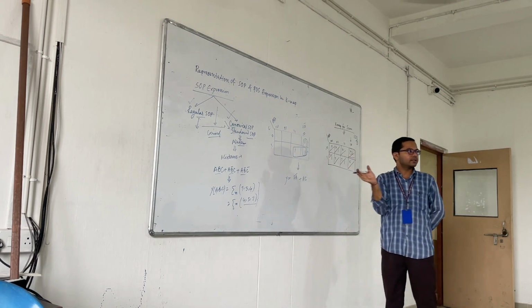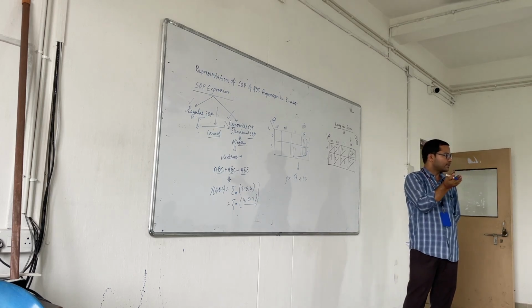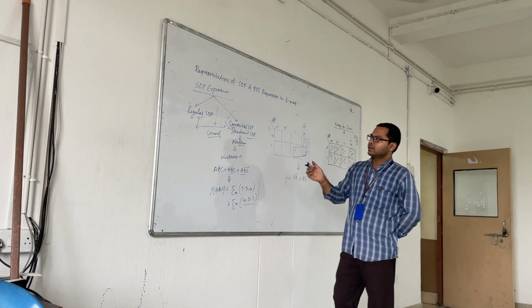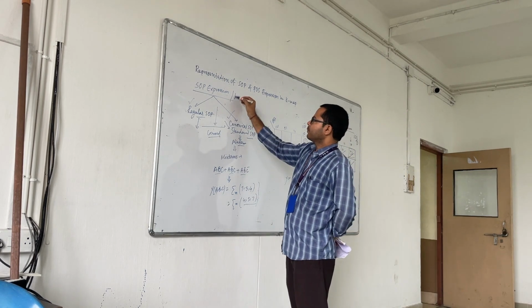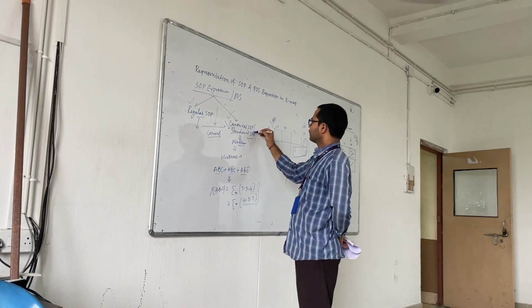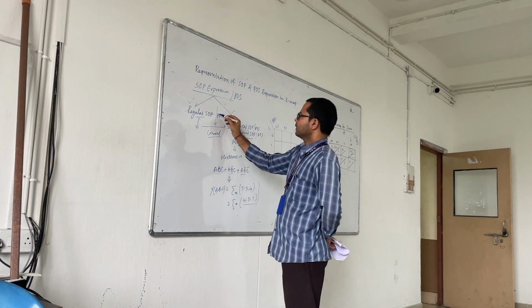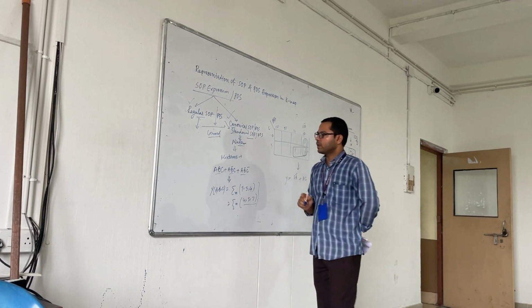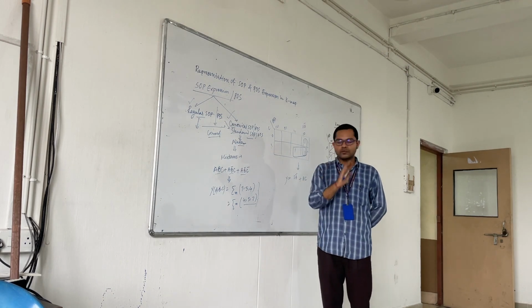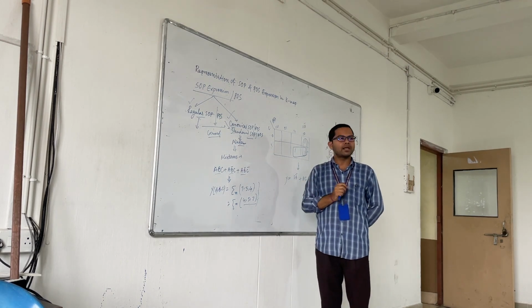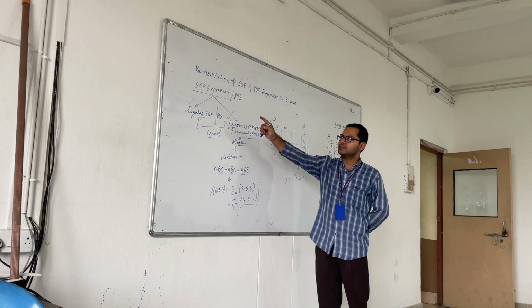For POS expression, the thing is different, vice versa. For SOP expression or POS expression, you have to convert the regular SOP or POS to canonical form, and when it comes to finding min terms, that means it is SOP.